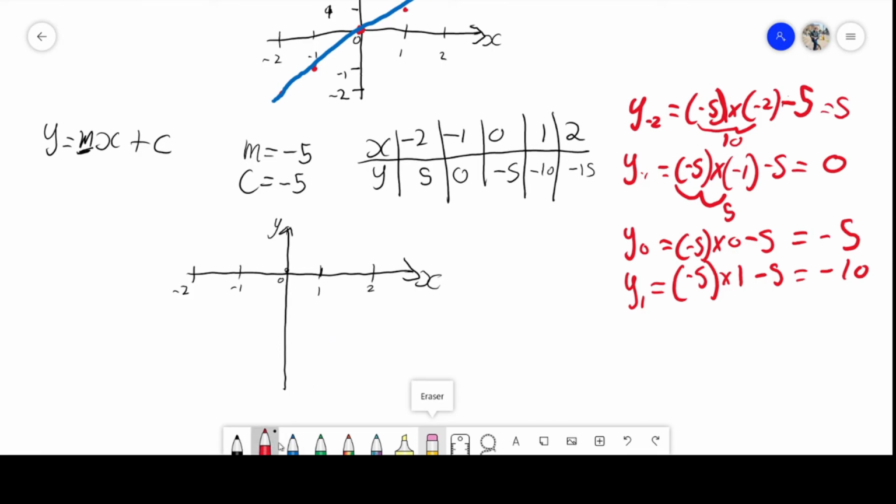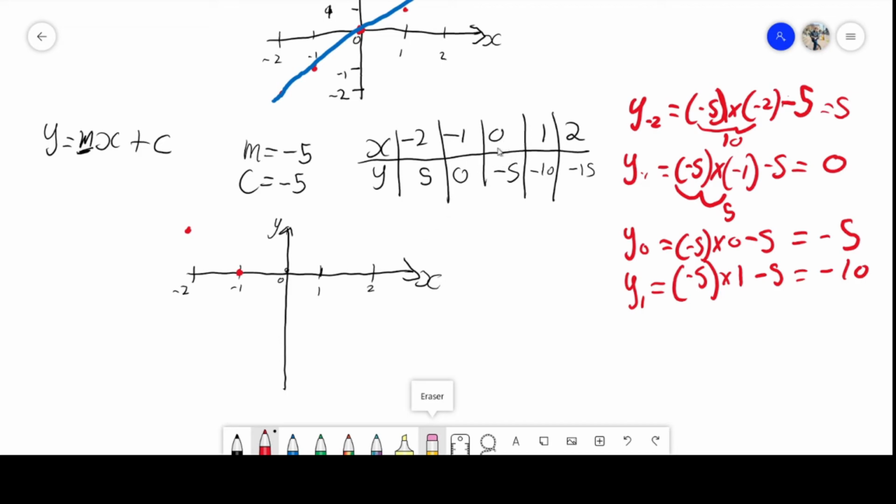Amazing. Okay, so when x is minus 2, y is equal to 5, which is all the way upstairs here. When x is equal to minus 1, y is equal to 0, which is on the x-axis, because when y is 0, we cross the x-axis. This becomes very important later on.